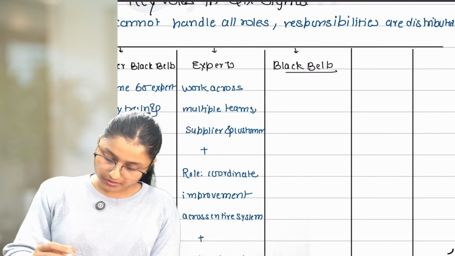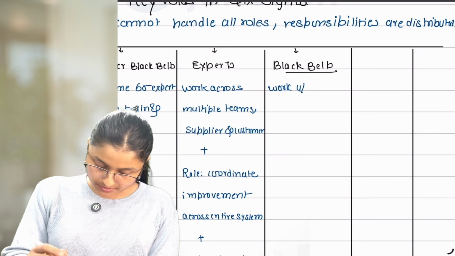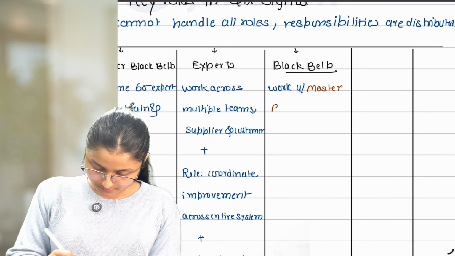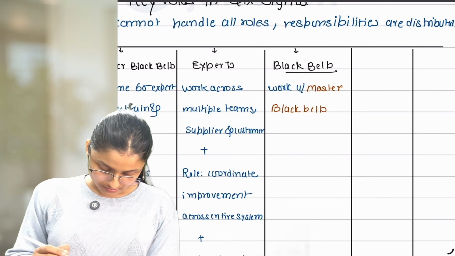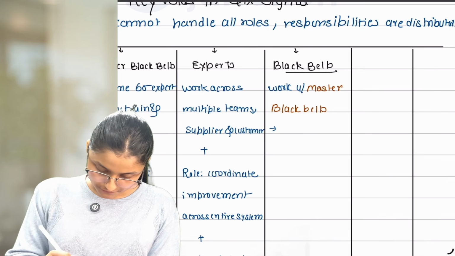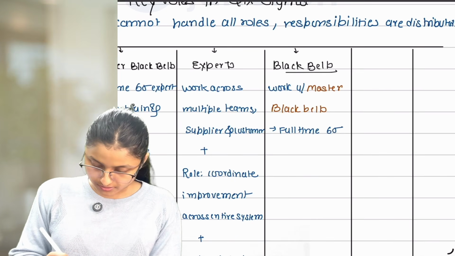After experts comes black belts. Black belts work under master black belts, and they are full-time Six Sigma project leaders.